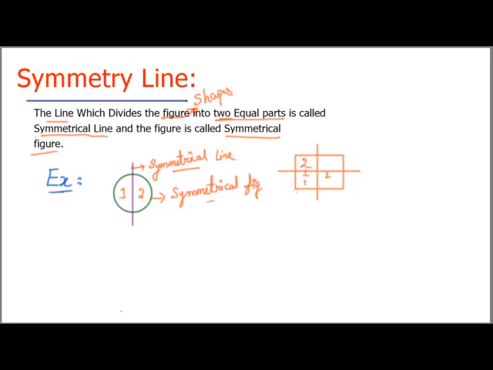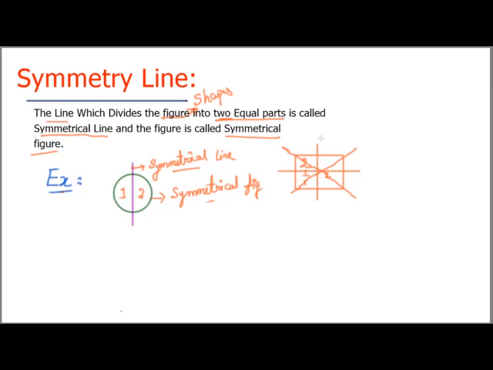Then we can also divide the square in a diagonal manner, because a square has 4 equal sides and the diagonals are also equal, so we can divide in a diagonal manner also. When we divide in the diagonal manner, it gives the same equal parts.